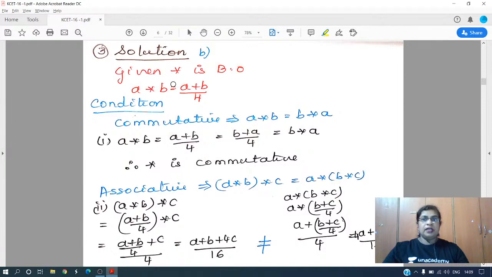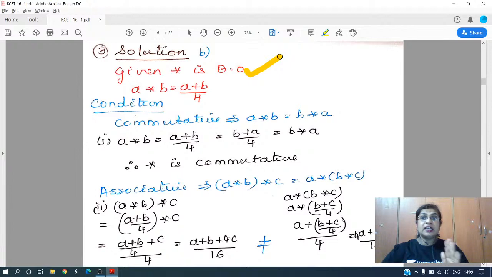Now, what is given? Given is that star is a binary operation. Let me tell this point very clearly: if a given function is not a binary operation, then we cannot check for commutative nor can we check for associative.